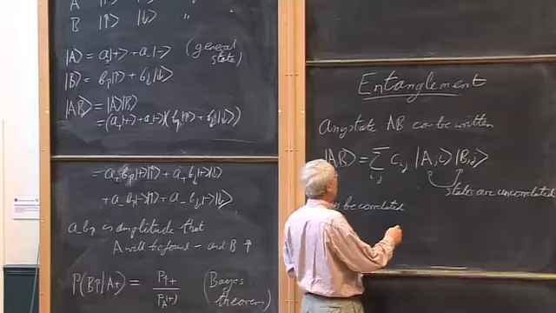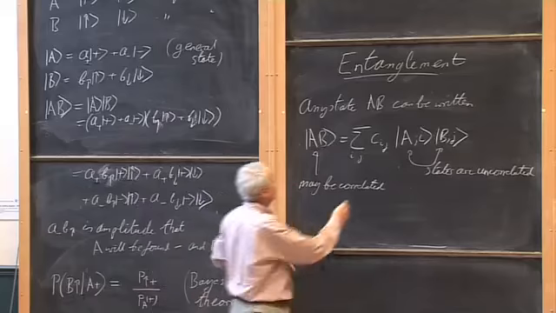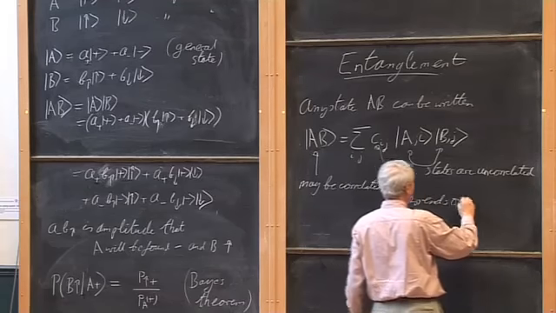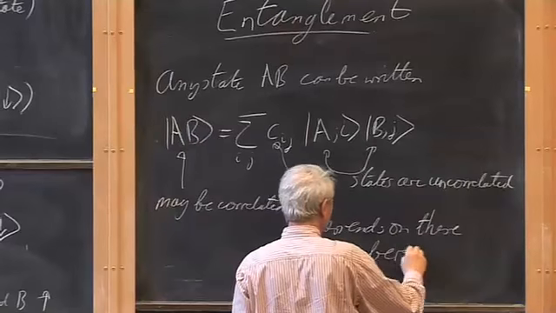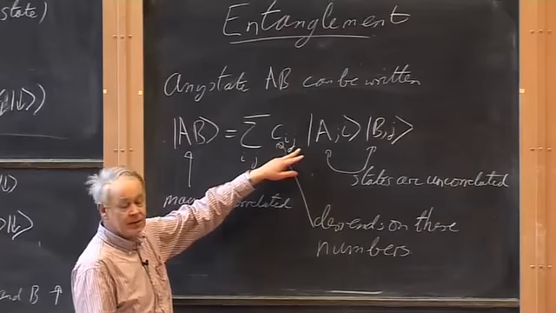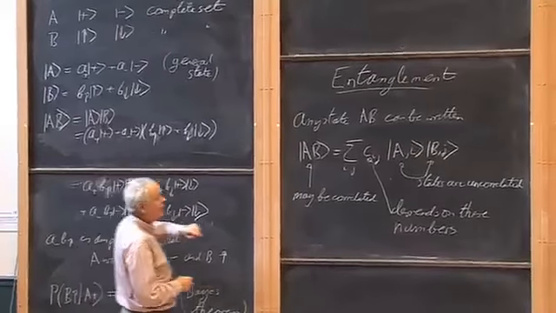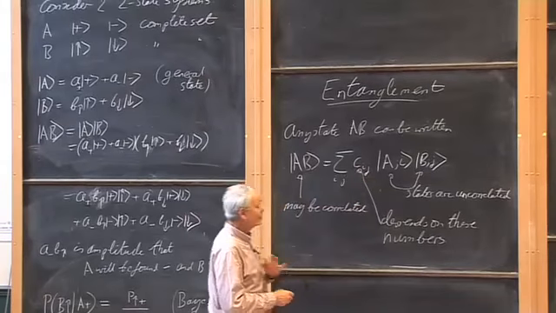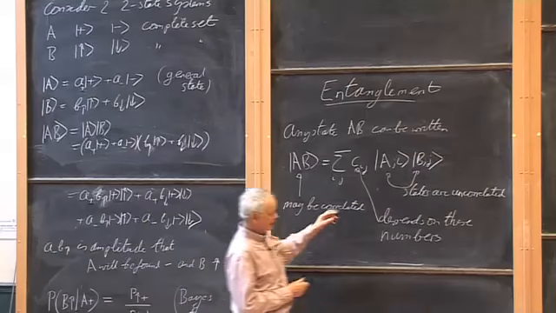So whether this thing can be written as a product of two separate states depends on these numbers. Now, we haven't got time to go into what property of these numbers ensures that you can do a decomposition like this into uncorrelated states, which makes this state uncorrelated. You can find a complete account of it in the book, and there are problems investigating this.